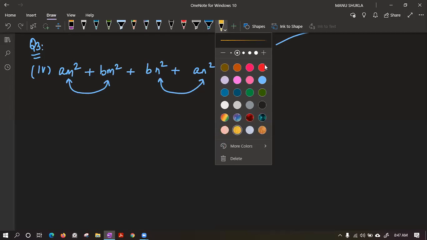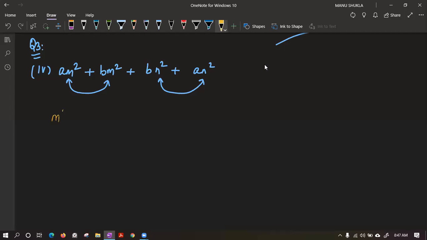So first, taking common m square, we will get, let me take blue pen only, it is quite thicker also. So taking m square common, we will get what? We will get a plus b inside. Then here we have a plus sign. Now I'm taking n square common. What is inside? B plus a.